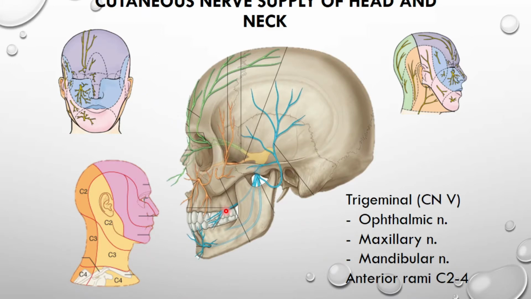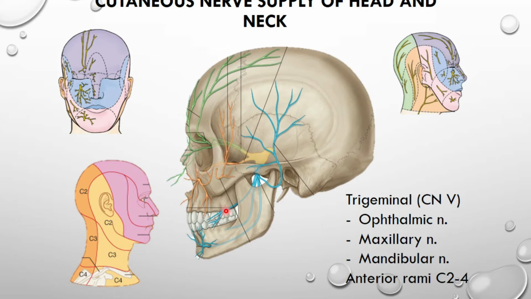Okay, so now thinking about the cutaneous nerve supply of the head and neck. So the cutaneous nerve supply to your face is supplied by the three branches of the trigeminal nerve, which is cranial nerve number 5.